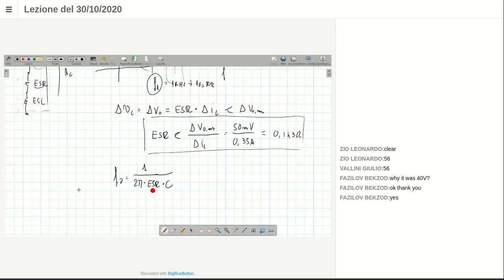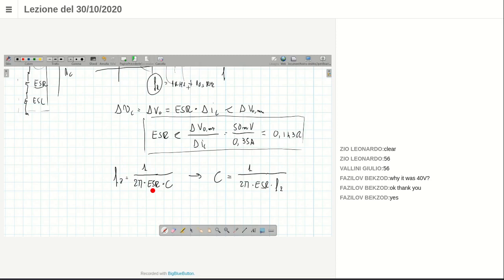From this expression, we can derive the capacitance in terms of the ESR. We can derive that C is 1/2 pi ESR times the frequency of the zero.